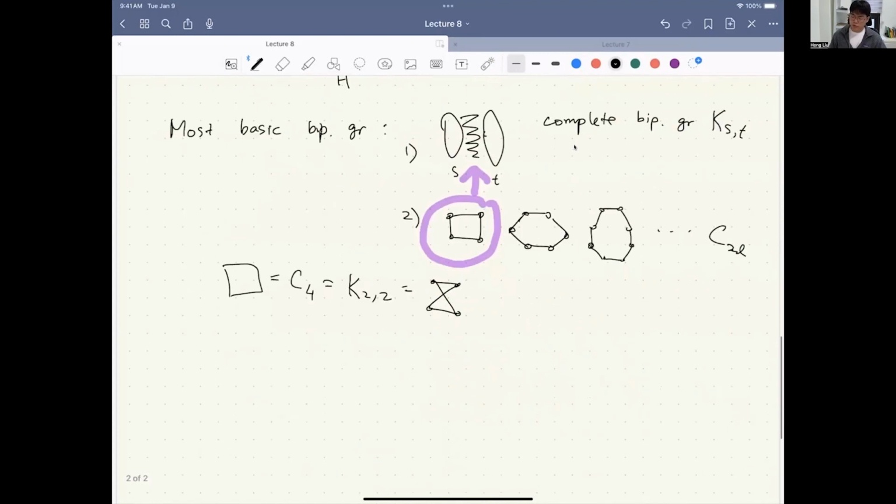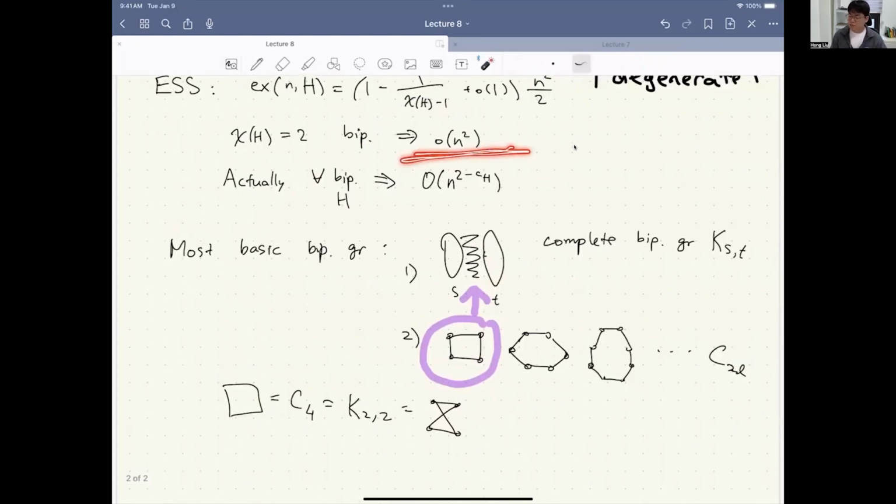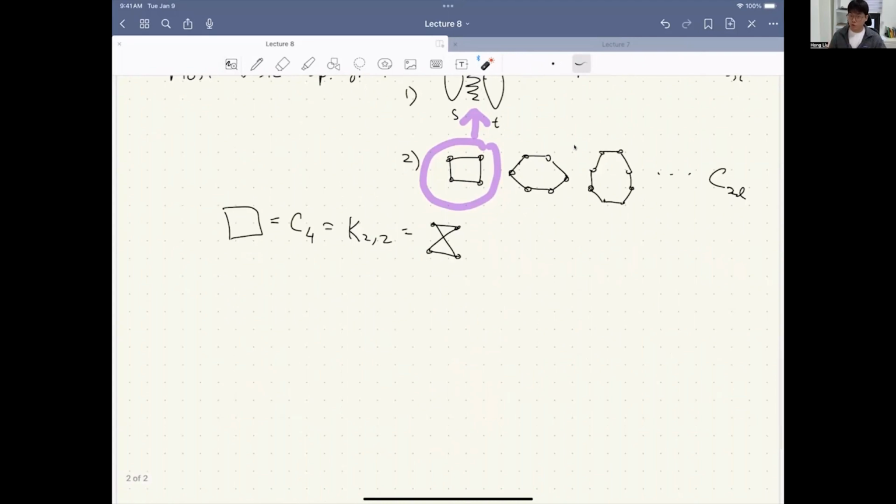So the proof that we will see to give an improvement, we know that by ESS, the 4-cycle has extremal number little o of n squared. So to improve it, rather than viewing it as a cycle, let's view it as a complete bipartite graph, which is going to be a useful perspective in our double counting strategy.